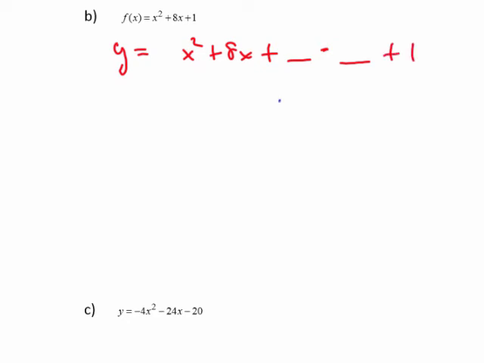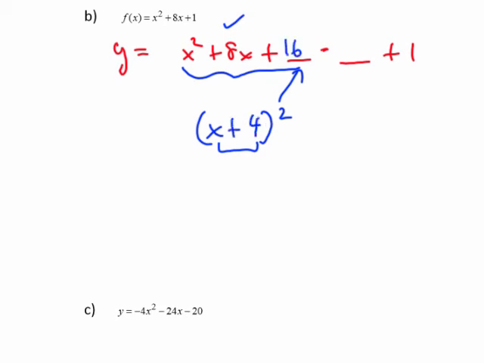So we're looking for the magic number here, so that this is a perfect square. And so we know that these two terms doubled have to give 8x. So to work backwards, we'll take half of 8, which is 4, square it, which would be 16. If I add 16, I've got to take away 16 to keep things in balance.